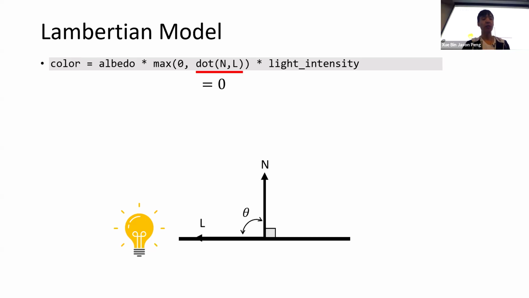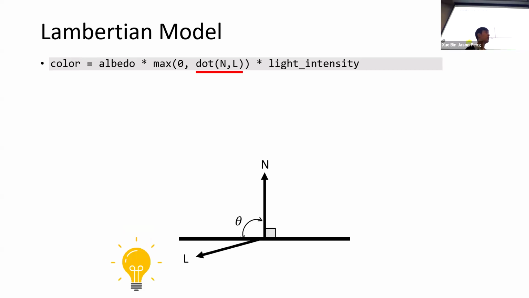Okay, but now something strange happens as we keep moving the light source further and further away from the normal vector. At some point the light source is going to go below our surface, which means that the angle between the light vector and the normal vector will now be greater than 90 degrees. And the cosine of that angle is going to be less than 0. And this then leads to a behavior that doesn't necessarily make sense anymore.